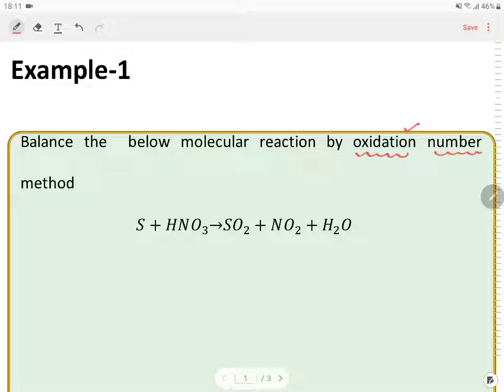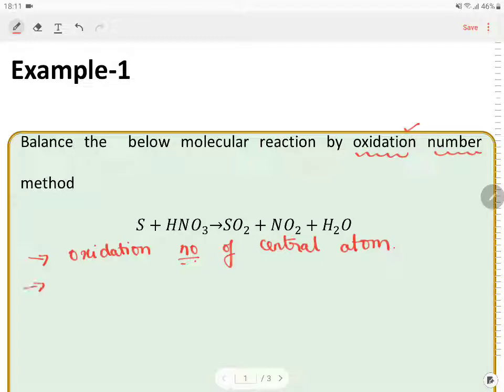What are the four rules which you have learned? So we have already learned, first, find the oxidation number of the central atom.